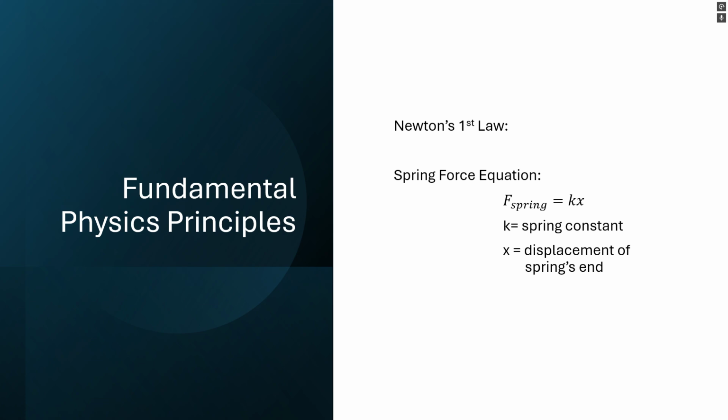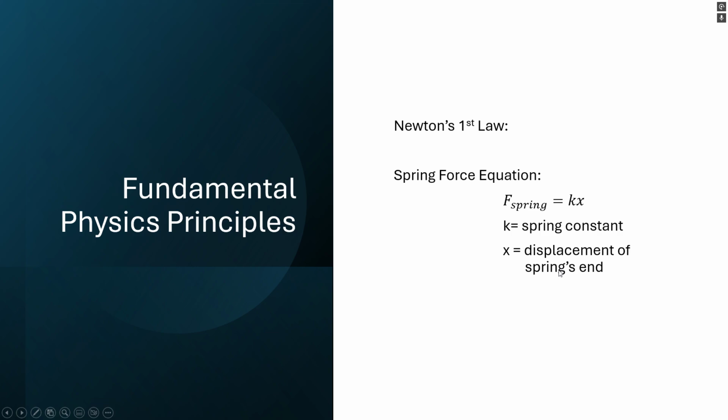The next concept, it's not so important to really understand so much as just if you wanted to do the math with it. But it's important to know that the force applied by a spring is equal to the product of two values, one called K and one called X. K is called the spring constant, and X is called the displacement of the spring's end.